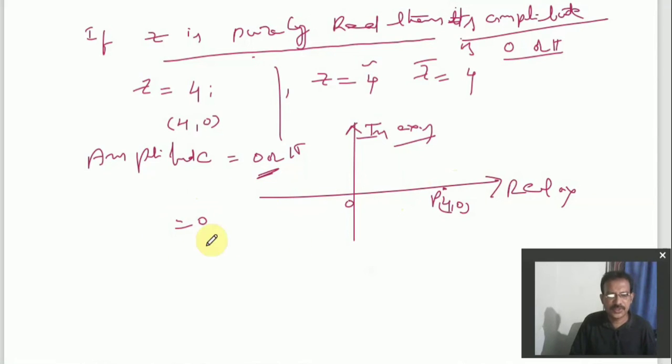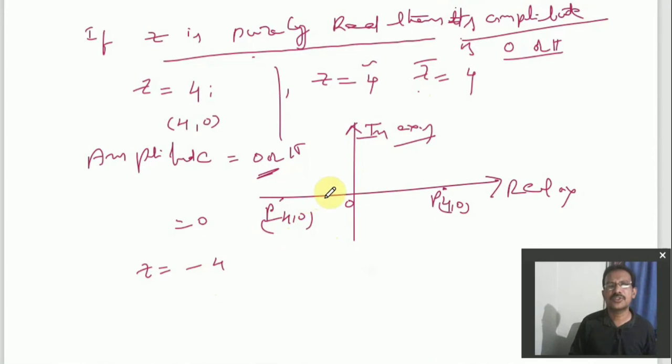Suppose z is equal to minus 4, not i. What about its amplitude? It will be on the negative real axis, minus 4 comma 0.